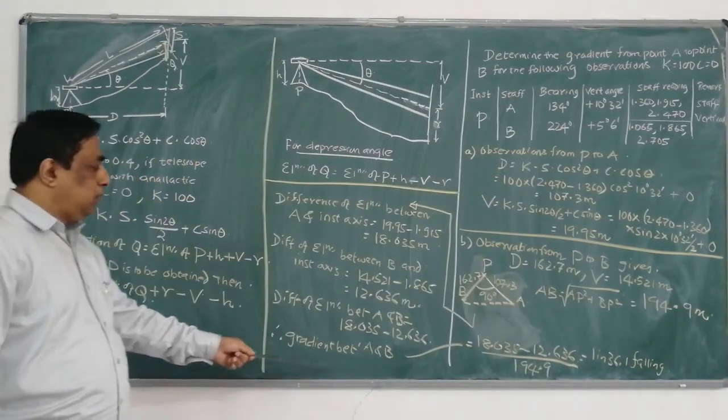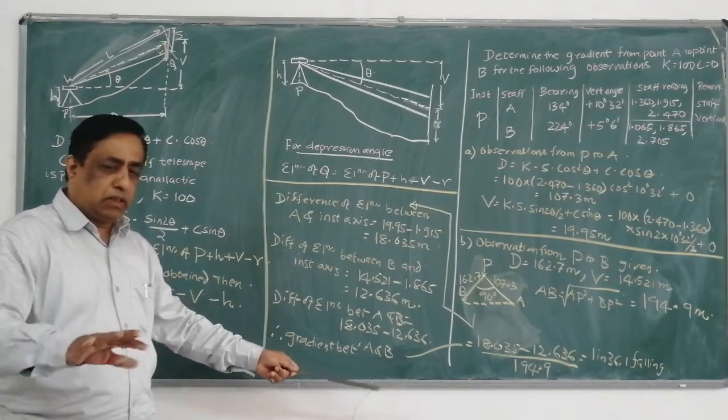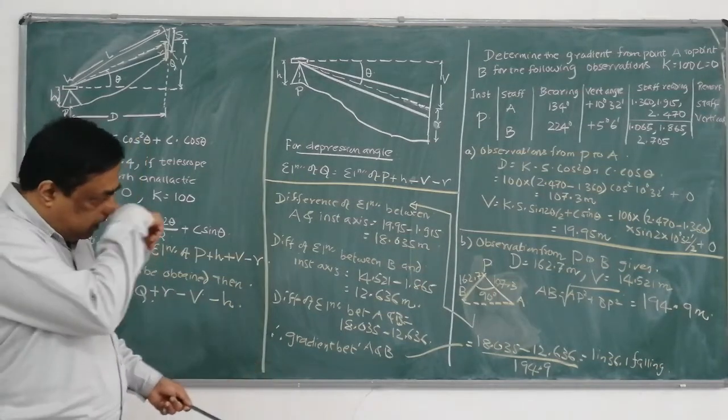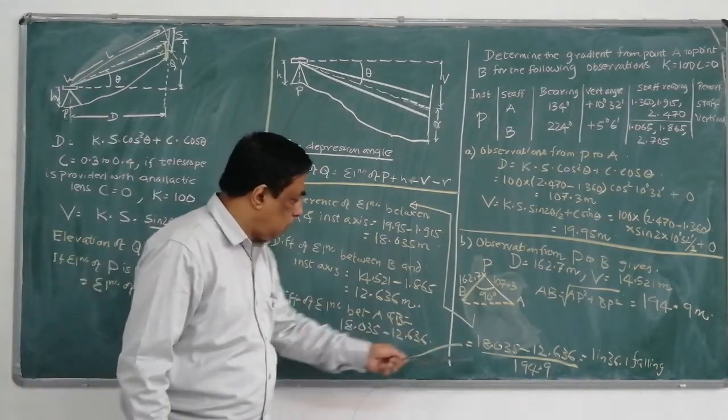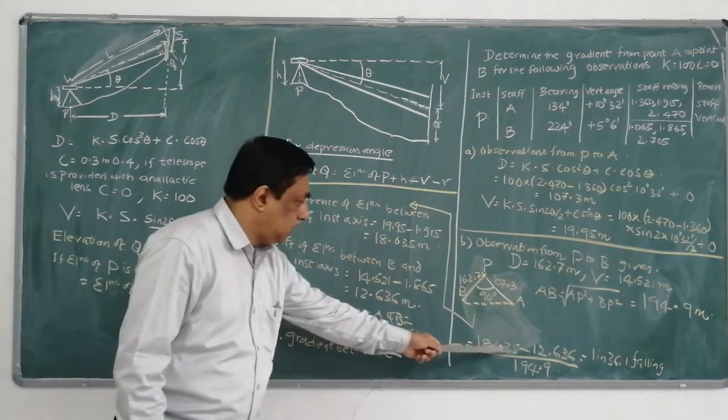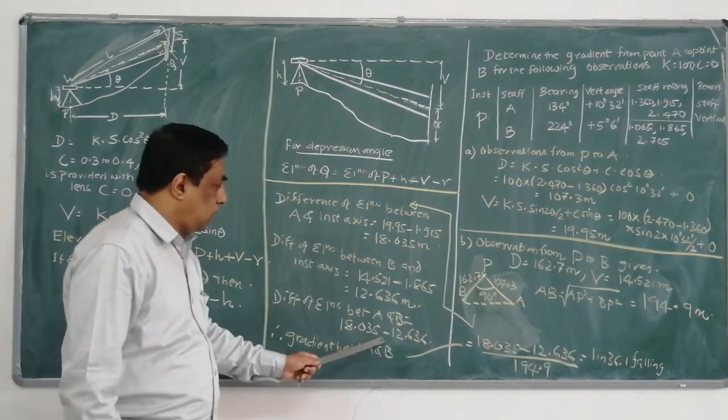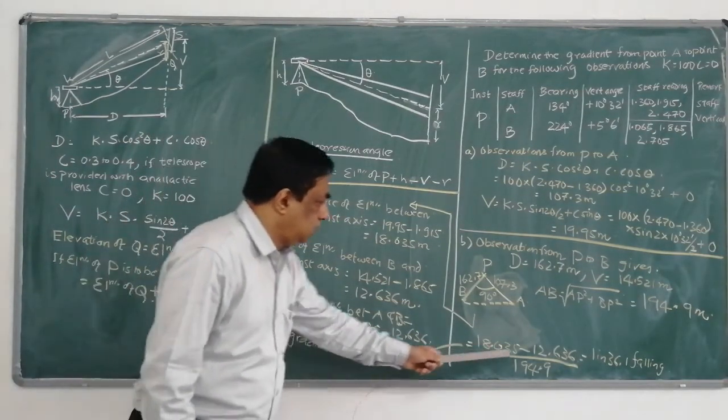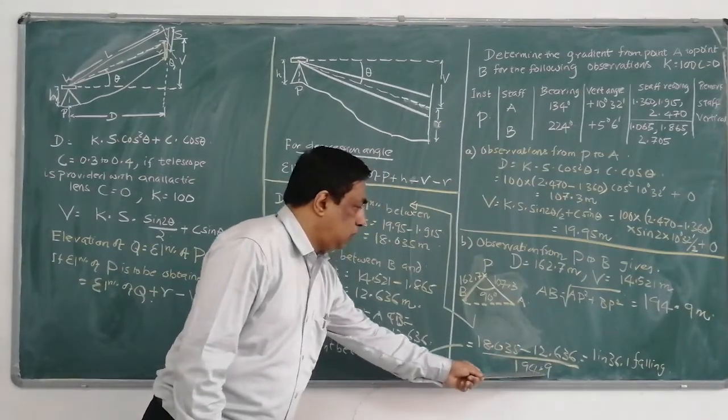Therefore, the gradient between A and B, the rise and fall for 1 meter distance, will be 18.035 minus 12.636 divided by 194.9.